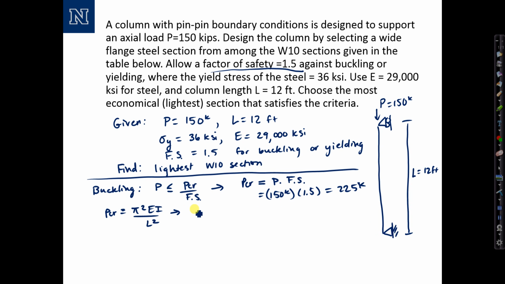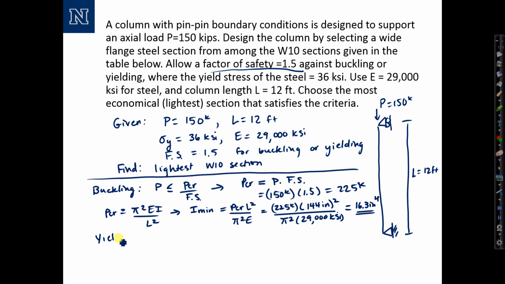So I can rework that equation to solve for a minimum required I for this section, which is P crit L squared over pi squared E. I'll go ahead and substitute the numbers: 225 kips times the length of the column, 12 feet or 144 inches, squared, divided by pi squared, divided by the elastic modulus, 29,000 ksi, and that gives me a value of 16.3 inches to the fourth. That's the minimum required moment of inertia for the column.